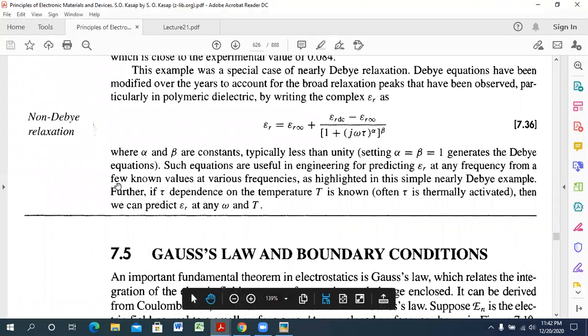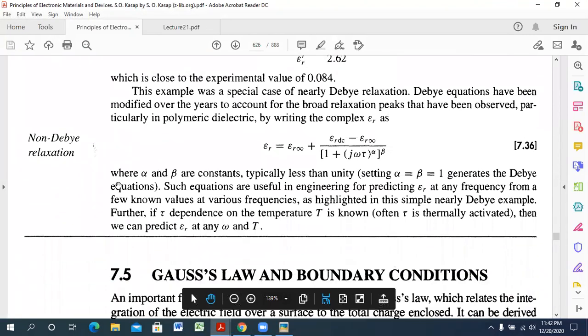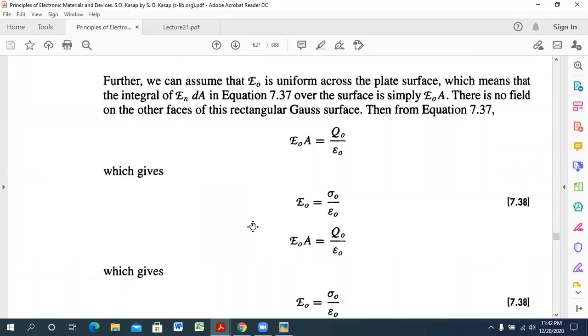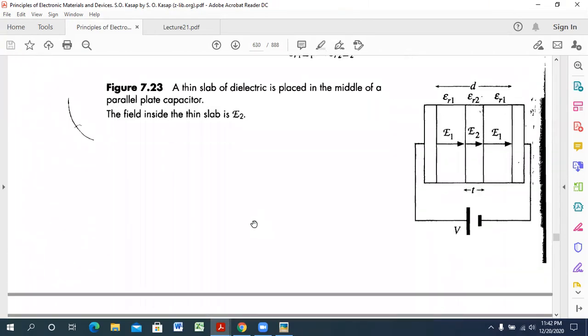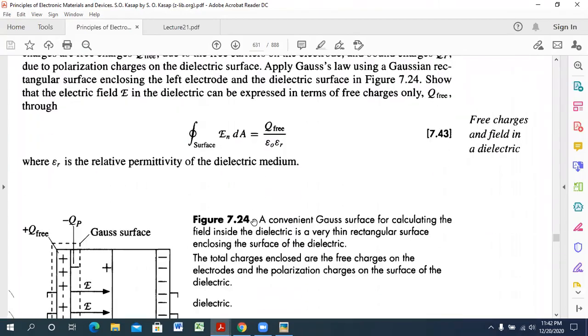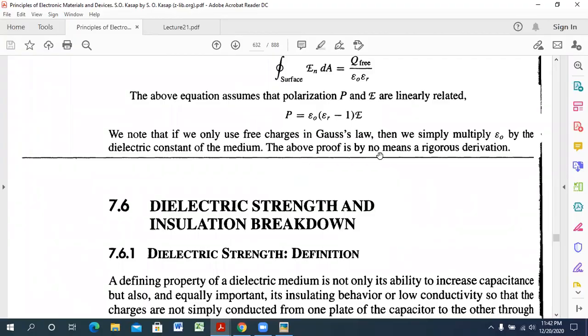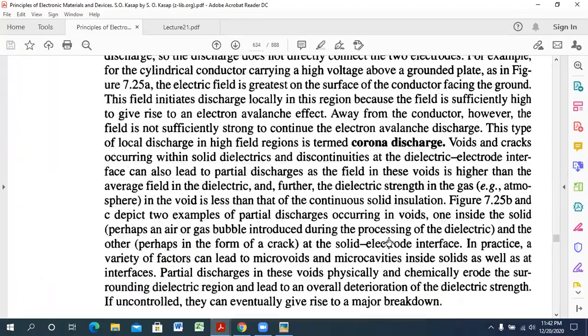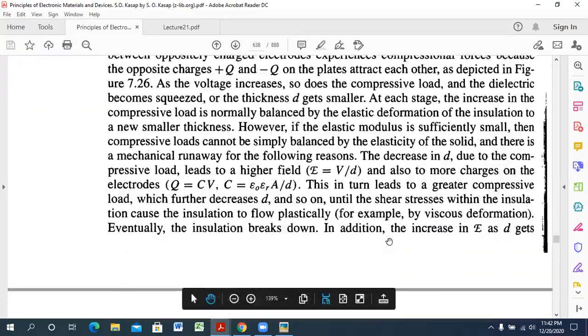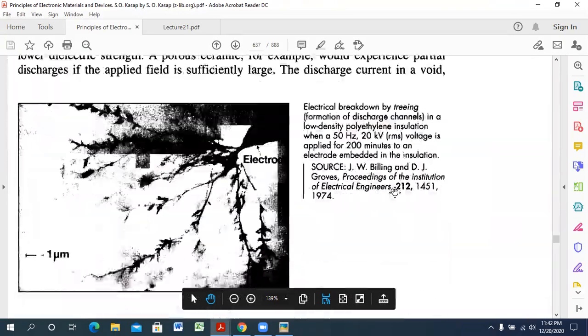So this will be the end of today's lecture. In the next lecture, we will start from article number maybe 7.8 or something like this, the piezoelectricity. That one is very important, the piezoelectricity part.